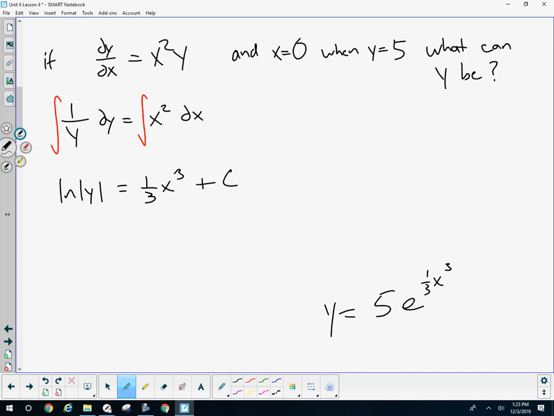We divide by y, we multiply by dx. Don't forget about a plus c.